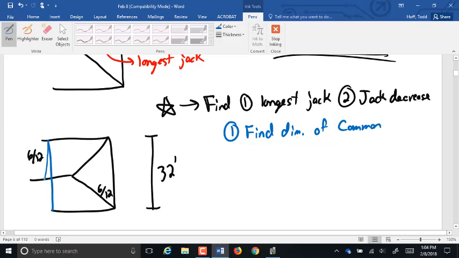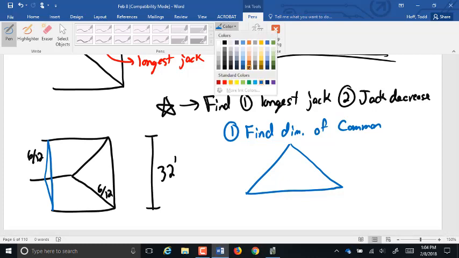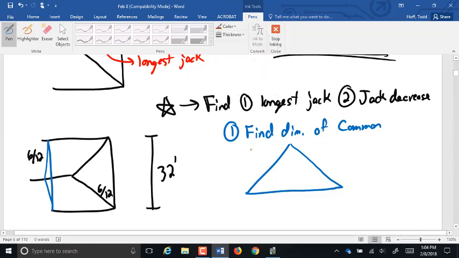What we're doing is taking this slice out of it that is a common rafter, looks just like that. What do we know about this common rafter? Perfect. It's 6/12, 32-foot span. Now there are 2 things we might want out of it. We might want the height, and we definitely want the length of the common rafter.